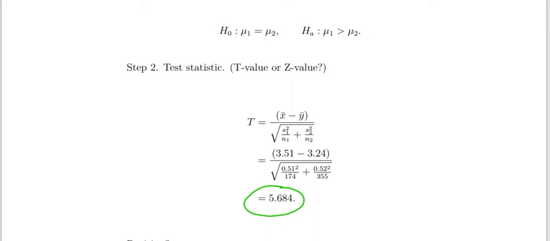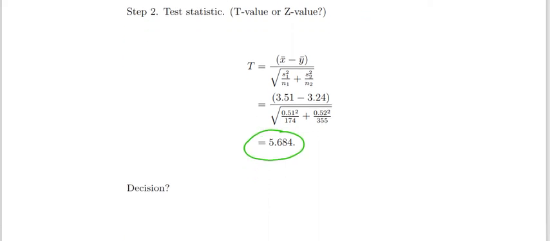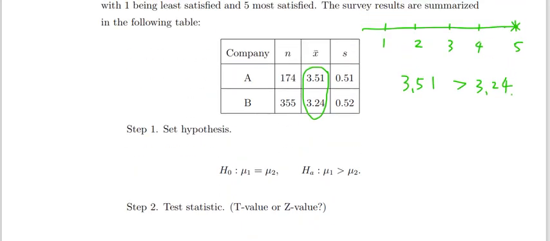So without checking a table, we can say this is a big number. We can make a decision: the difference is huge. So 3.51 is significantly higher than 3.24. We can say company A's customer satisfaction level is much better, their service is much better.